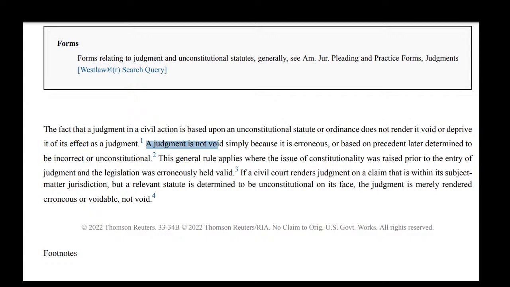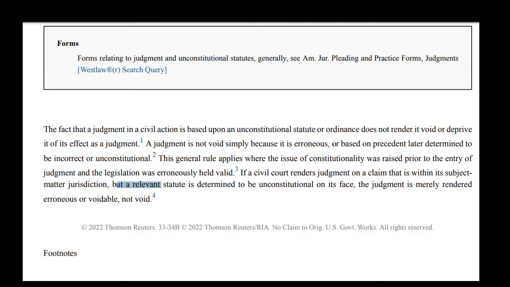A judgment is not void simply because it is erroneous or based on precedent later determined to be incorrect or unconstitutional. This general rule applies where the issue of constitutionality was raised prior to the entry of judgment and legislation was erroneously held valid.